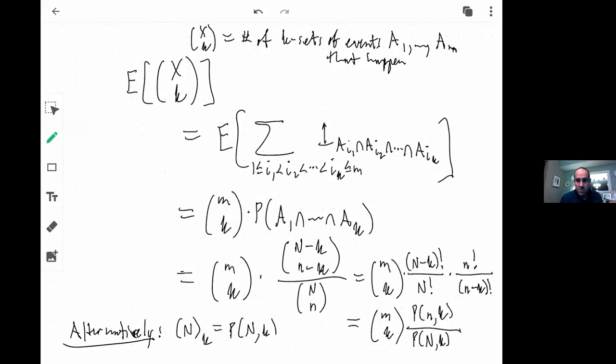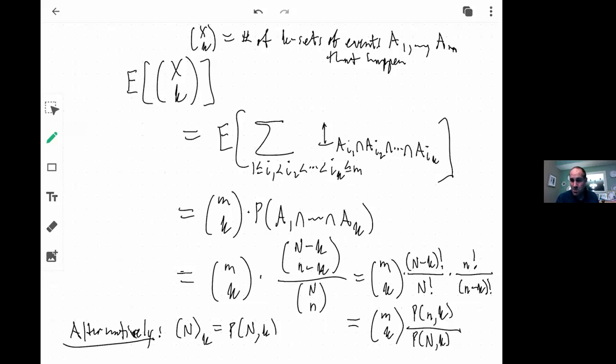So this has been fairly productive, our willingness to write this random variable as a sum of indicators. We're able to come up with a lot of really nice formulas, and we never had to use the density for this random variable.